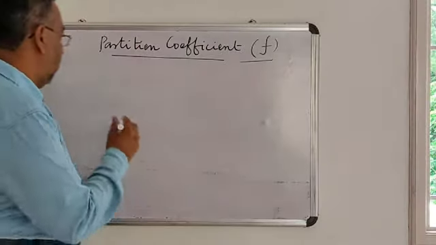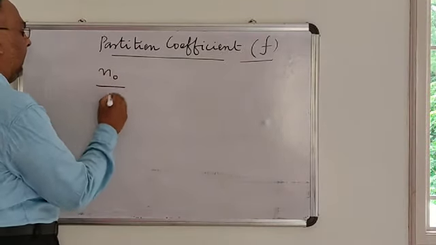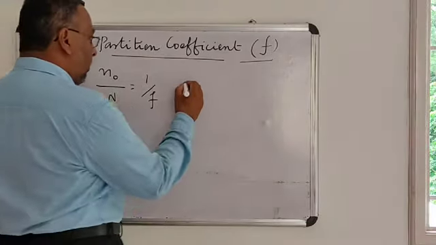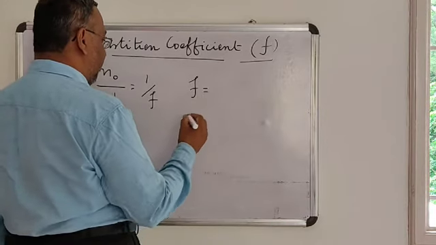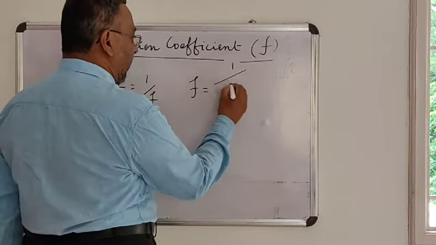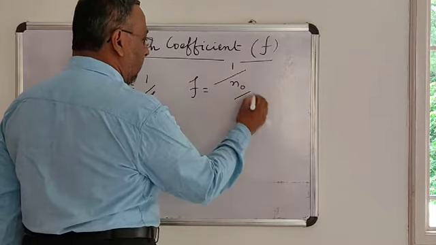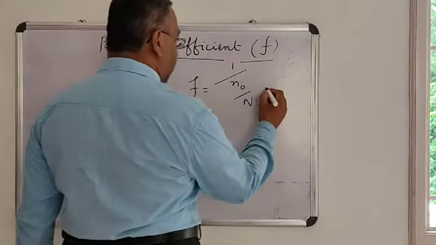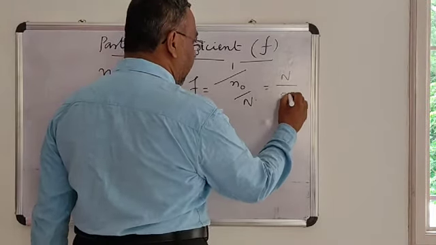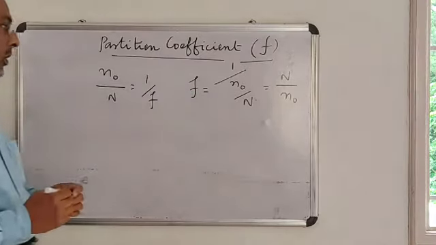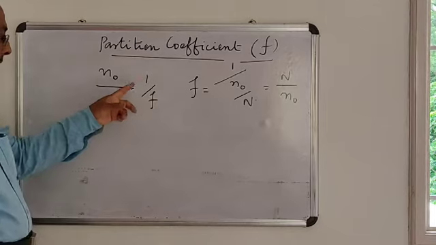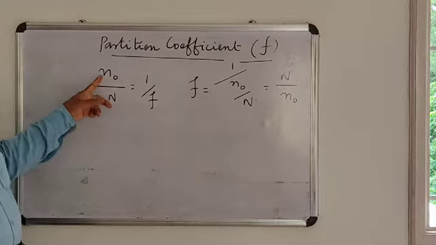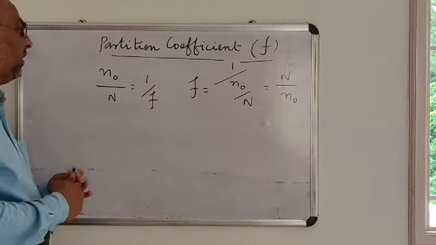That is, N0 by N equals 1 by F, or the Cartesian function F is equal to 1 by N0 by N, or we can say this is equal to N by N0. So the Cartesian function is the reciprocal of the fraction of the molecules occupying the ground state.